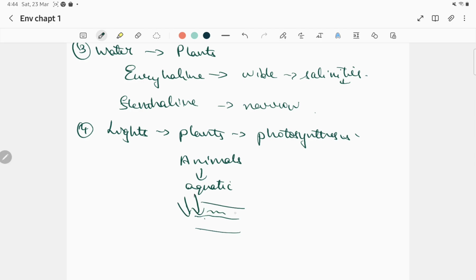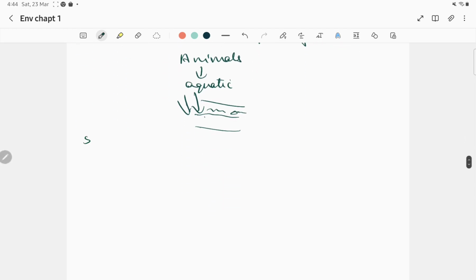The aquatic organisms also vary according to light availability. Next one is soil. Soil helps vegetation to grow. Soil has many minerals, it has pH, it has topography.